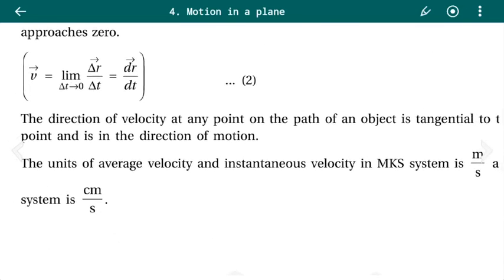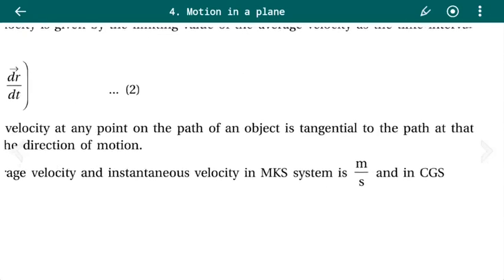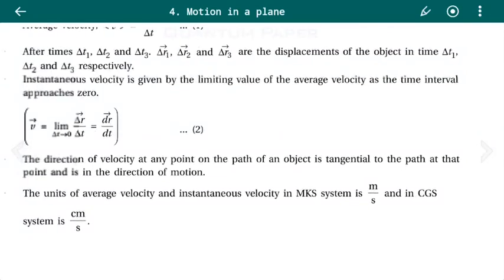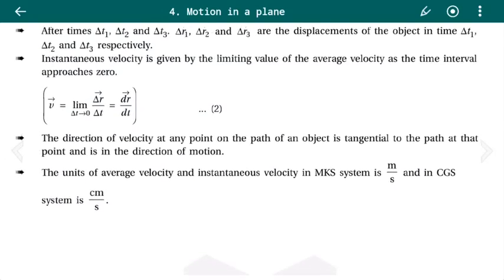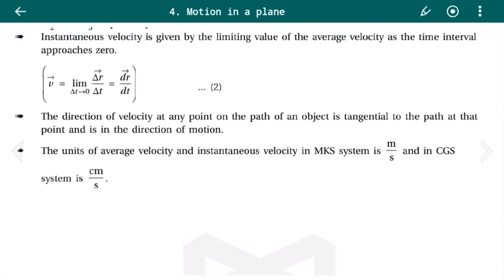The direction of velocity at any point on the path of an object is tangential to the path at that point and is in the direction of the motion. So we get the magnitude by dr by dt, that is the formula for the instantaneous velocity, and the direction can be obtained by drawing the tangent from that particular point in the direction of the motion.